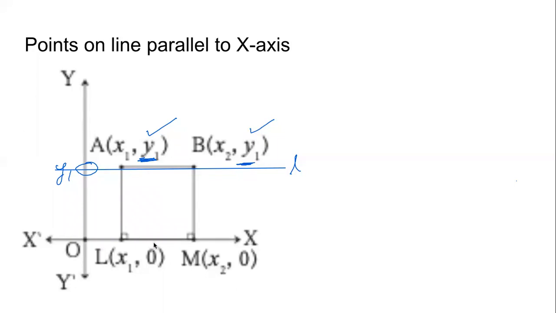It is also very similar to the previous situation where the points are on the x-axis. Y has become the same. So here also the distance between them will be x2 minus x1. That we can tell just by looking.